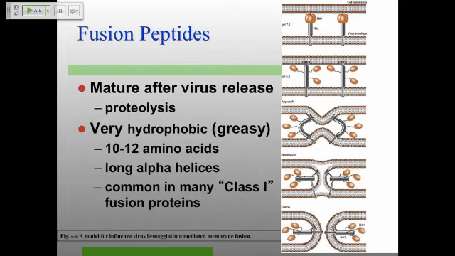And the real key to membrane fusion is some kind of change that happens when your receptor and your viral receptor binding protein associate. And that change is almost always a structural change in that particular protein.